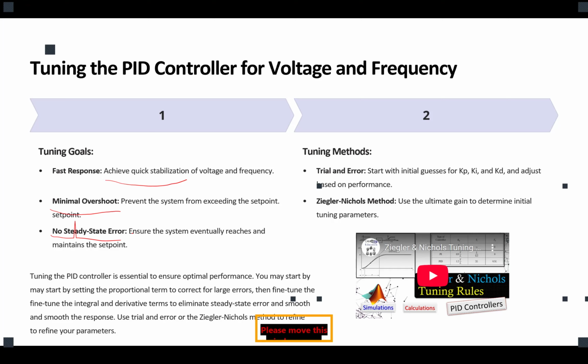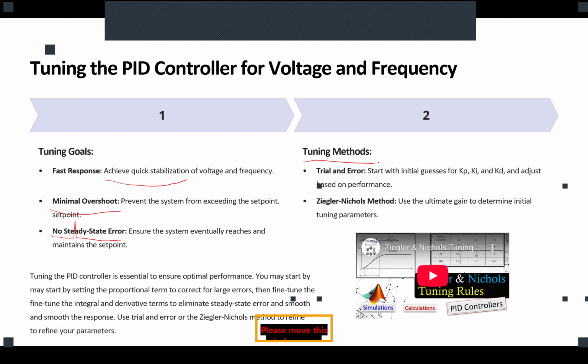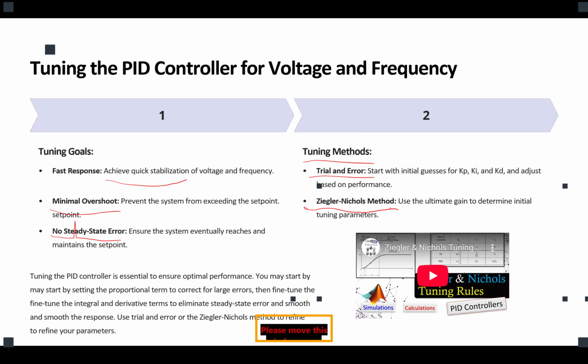Okay. For tuning method, trial and error is the manual one. Let's see what's going to happen, and we change the values to get to the point that we want. But the more accurate and better method is called the Ziegler-Nichols method. I added this video for how you could tune using the Ziegler-Nichols method.